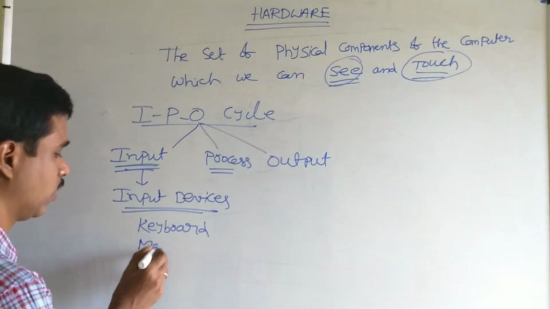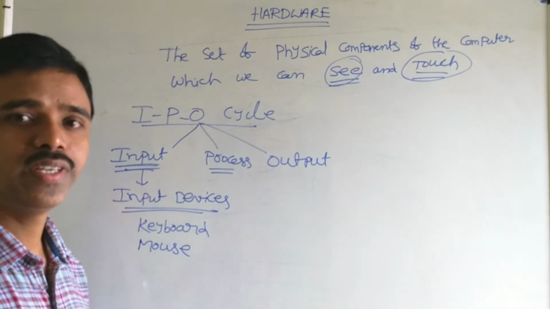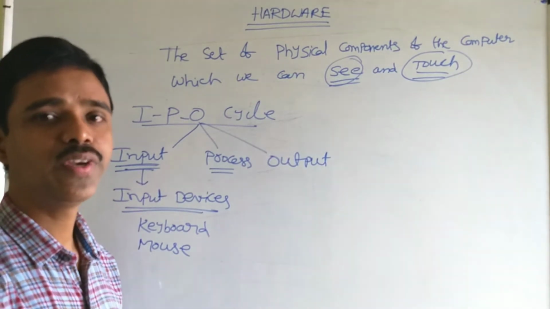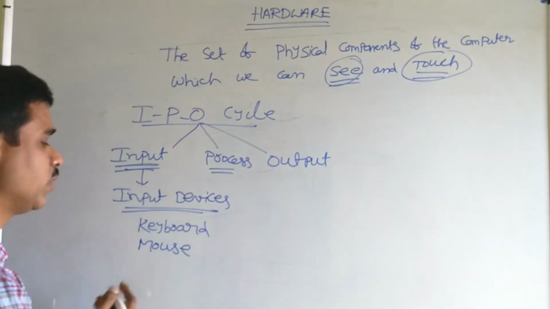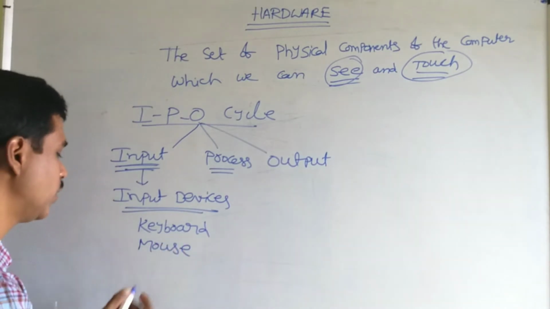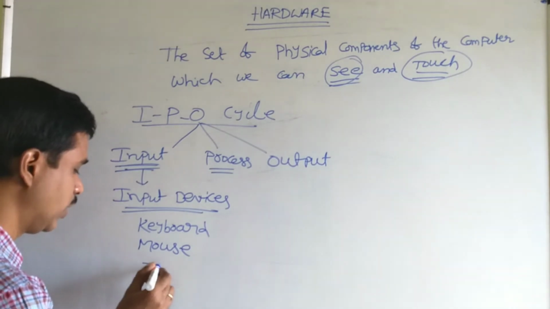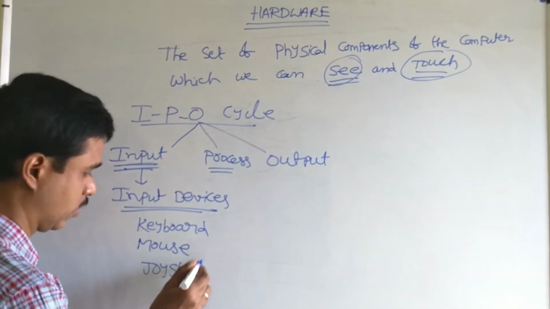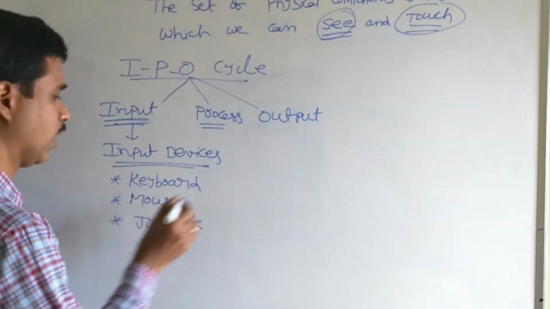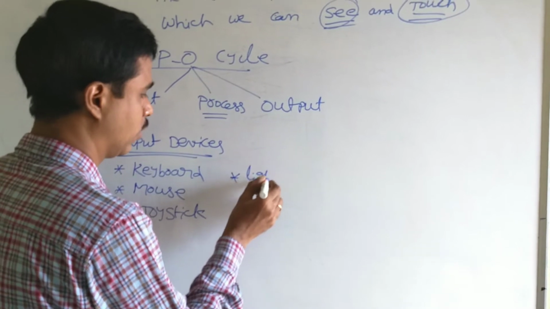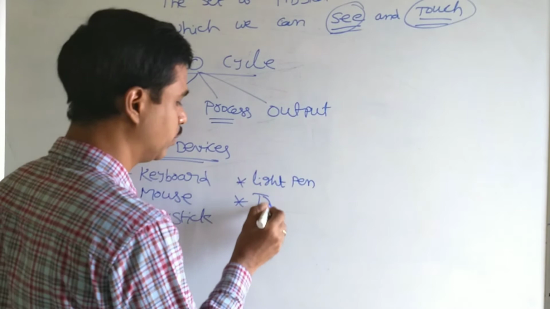Keyboard. First of all, is it hardware? Keyboard, mouse? Yes. Why? Because we can see it and we can touch it. That's why those are called hardware components. Coming to input devices, we have so many, not only keyboard and mouse. Some other input devices are the joystick, light pen, trackball.